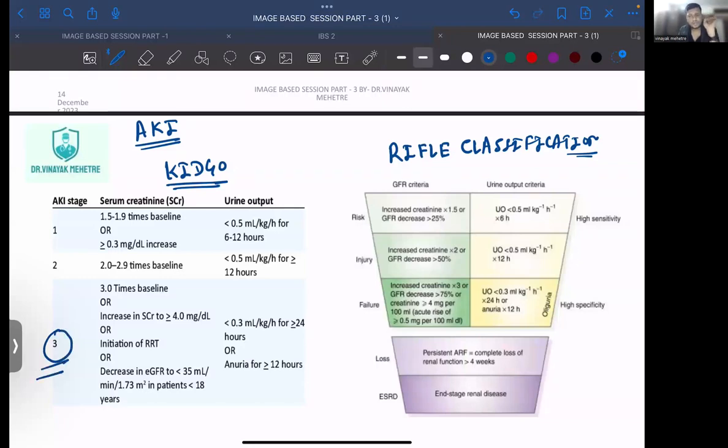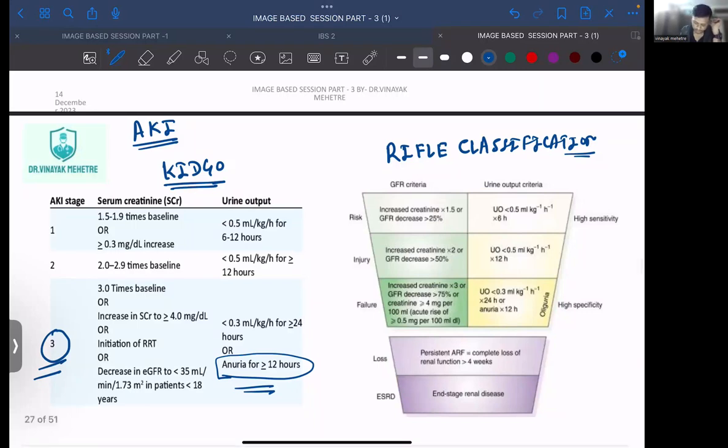You need to remember anuria for more than 12 hours plus creatinine more than 4. Whenever you get questions, they are going to give everything, but at least catch this. That is creatinine more than 4 and anuria for a day or a night. With creatinine more than 4, it is going to be category number 3, right?